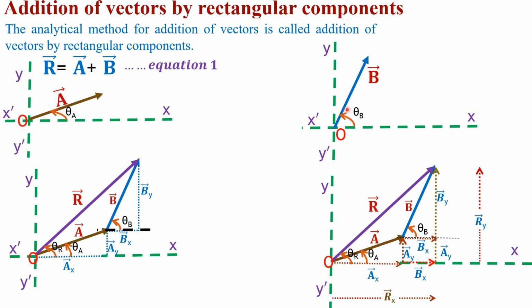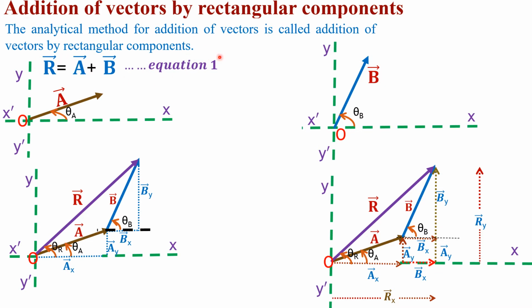We can add vector A and vector B by using head to tail rule to obtain resultant vector R. So tail of vector B is joined with head of vector A. Now tail of vector A is connected with head of vector B to get the resultant vector R. So the resultant vector R is mathematically R vector is equals to vector A plus vector B. Let's say it equation number 1.